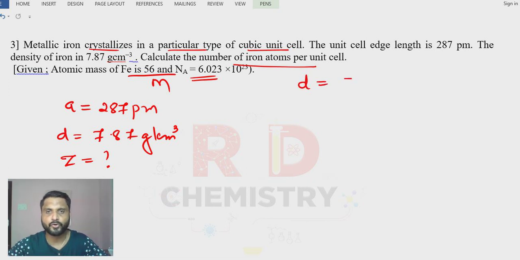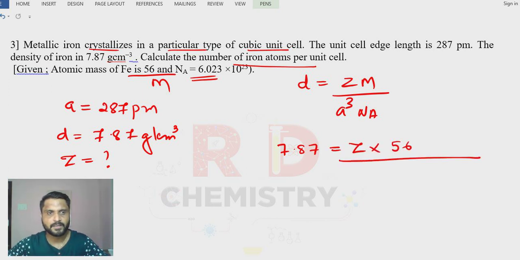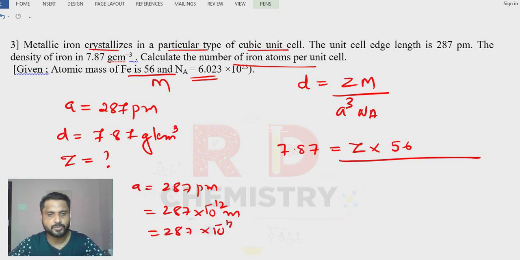So d is equal to Z m divided by a cube Na, correct? So d is equal to 7.87 given, is equal to Z, which you have to calculate, into molar mass 56, divided by a cube. Here a is equal to 287 picometer, which is equal to 287 into 10 power minus 12 meter. So 287 into 10 power minus 2 into 10 power 2 centimeter, correct?